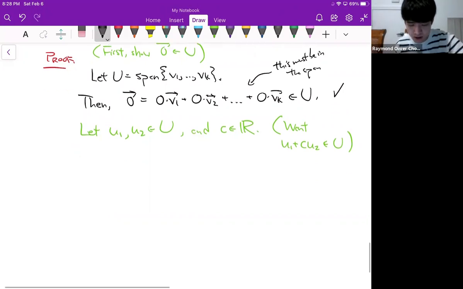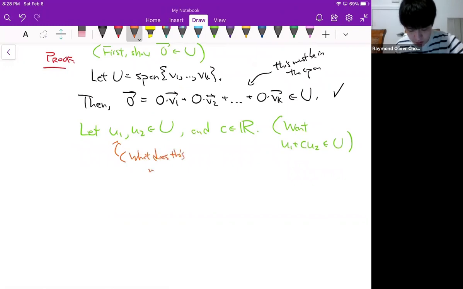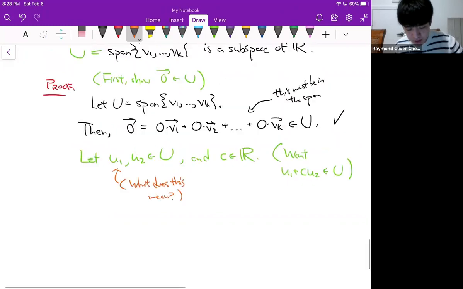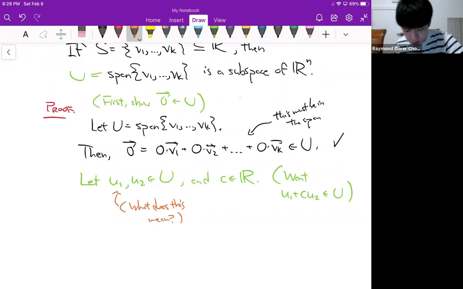So what does this mean, right? Well, to be in U means you're in the span of V1 up until Vk. To be in the span of V1 up until Vk means you're just a bunch of numbers times V1 up until Vk added together, right?